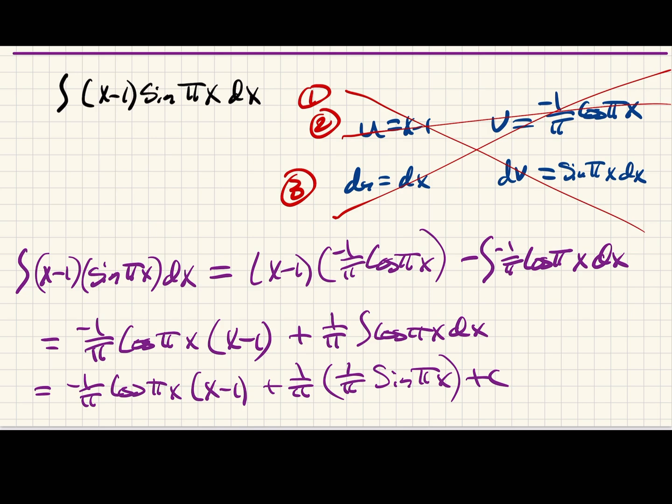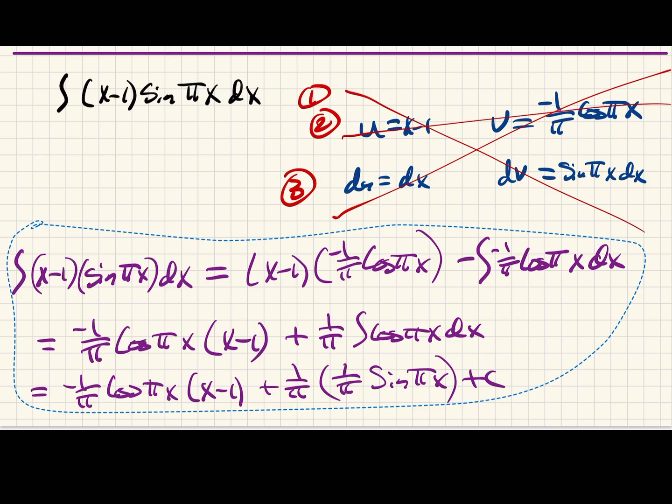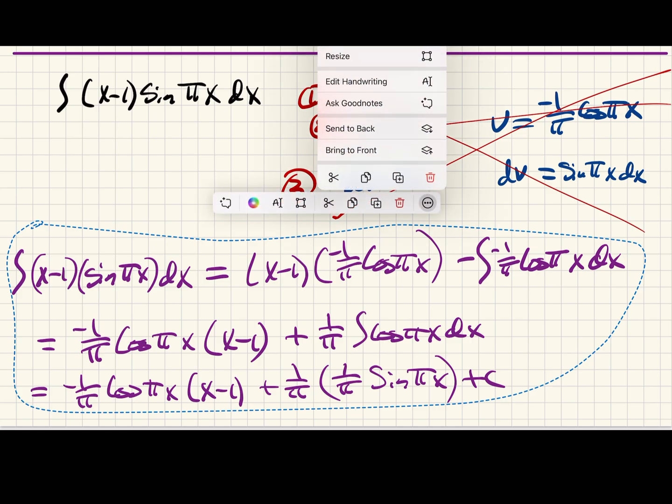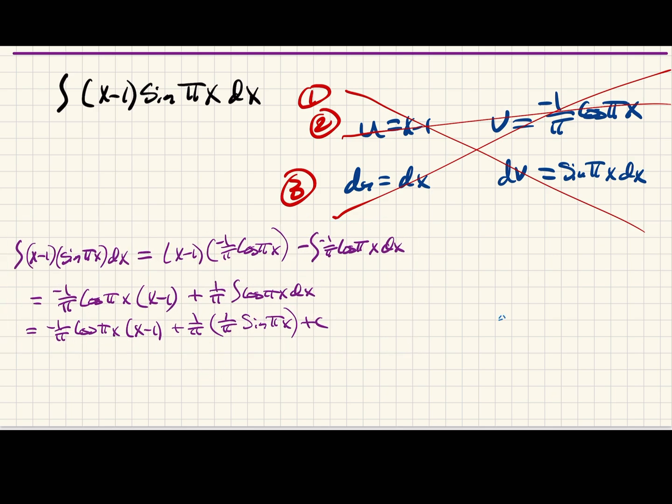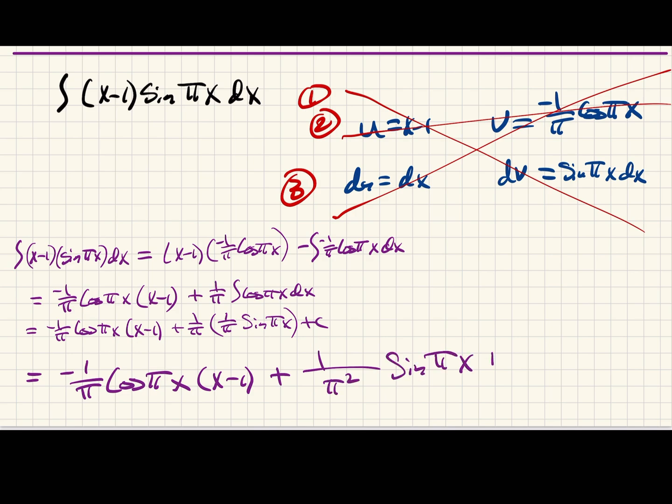Okay, now I think I can write that just a little simpler. So this is then going to be minus 1 over pi cosine pi x times x minus 1 plus, now that's going to be 1 over pi squared sine pi x plus c. There we go.